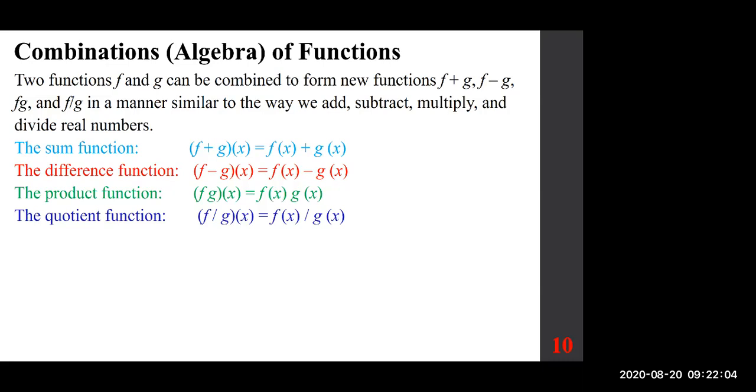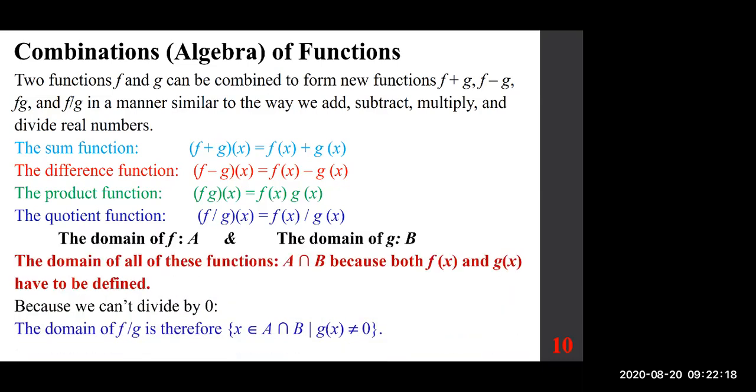Now, to understand how to do the operation is very simple. But as far as the domain, if A represents the domain for f and the domain for g is B, it is always their intersection, which is the answer. A intersection B, whatever is in common.